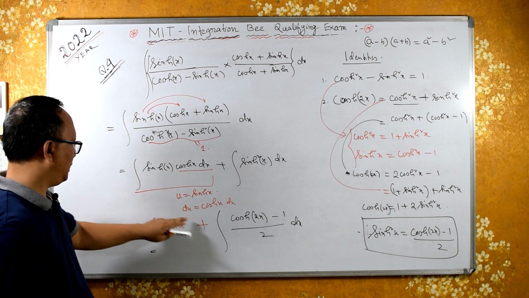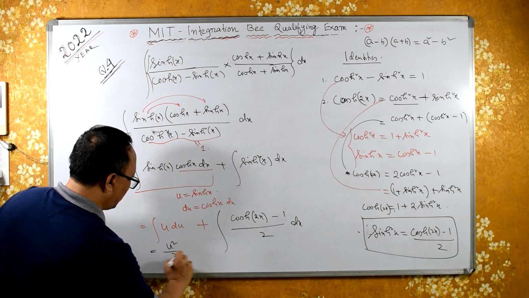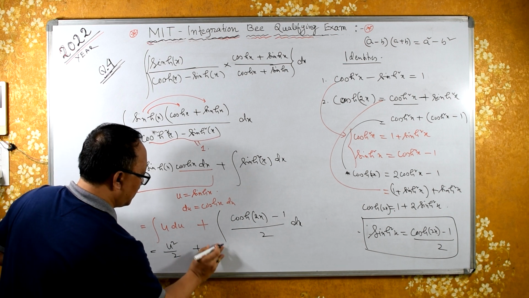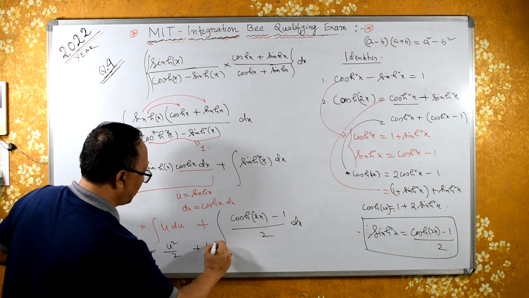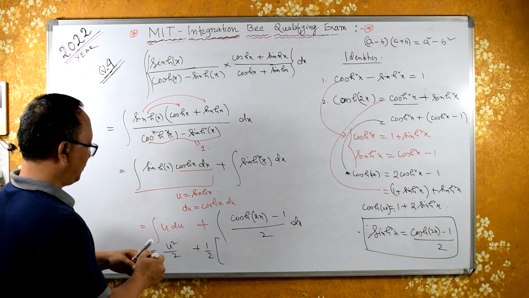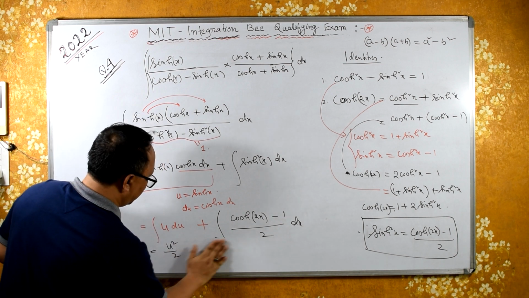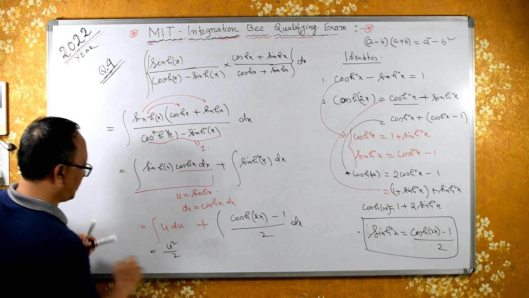Now it will become u squared upon 2, plus half. Now let's take the integral over here. Before removing, u is what? u is sinh x.